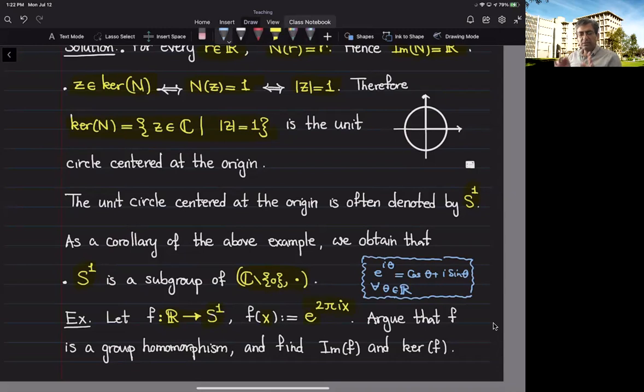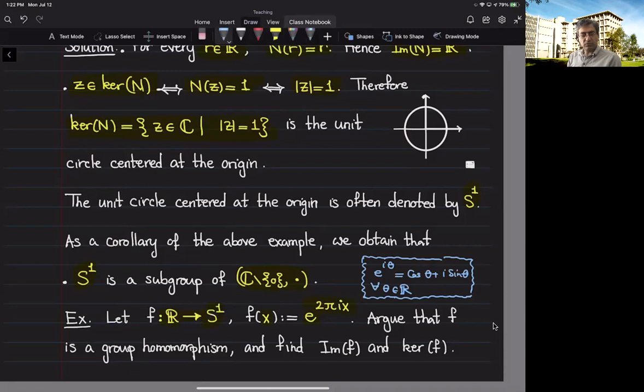You need to understand what the exponential function is, but if you're allowed to use basic properties of exponential functions, you can immediately check that it is a group homomorphism, because e to the power 2 pi i x times e to the power 2 pi i y is e to the power 2 pi i (x plus y), and therefore f is a group homomorphism.